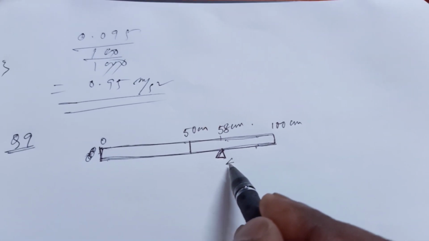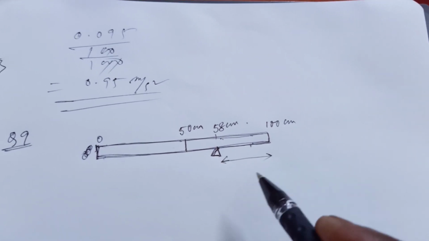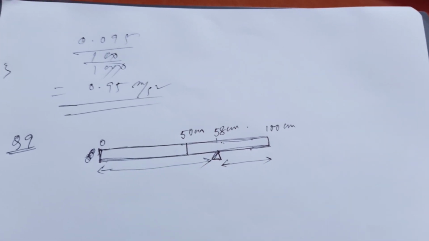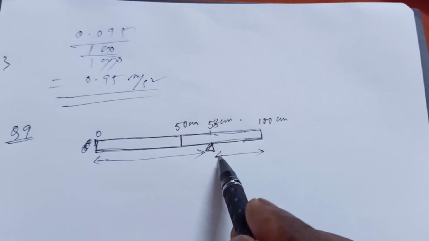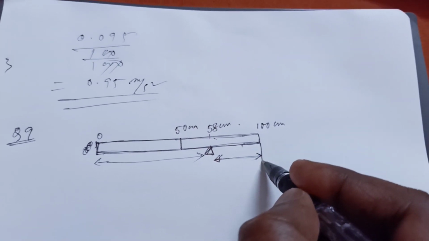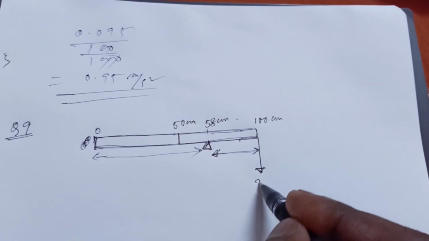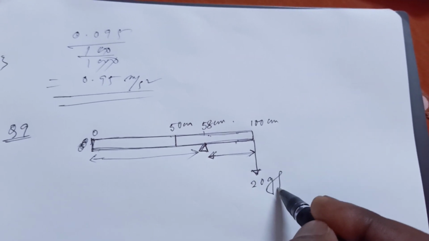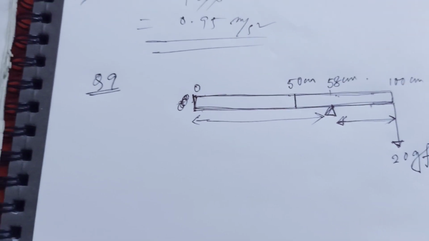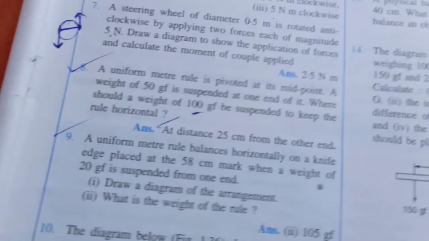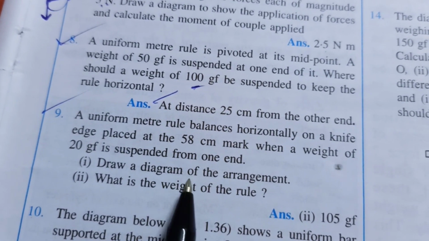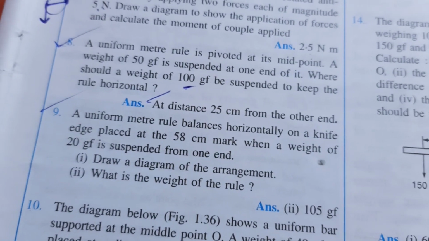This portion is the small distance and the other is the greater distance. So this is the smallest edge, so here you have to place a weight of 20 gram force. The first part of this question is to draw a diagram of the arrangement.